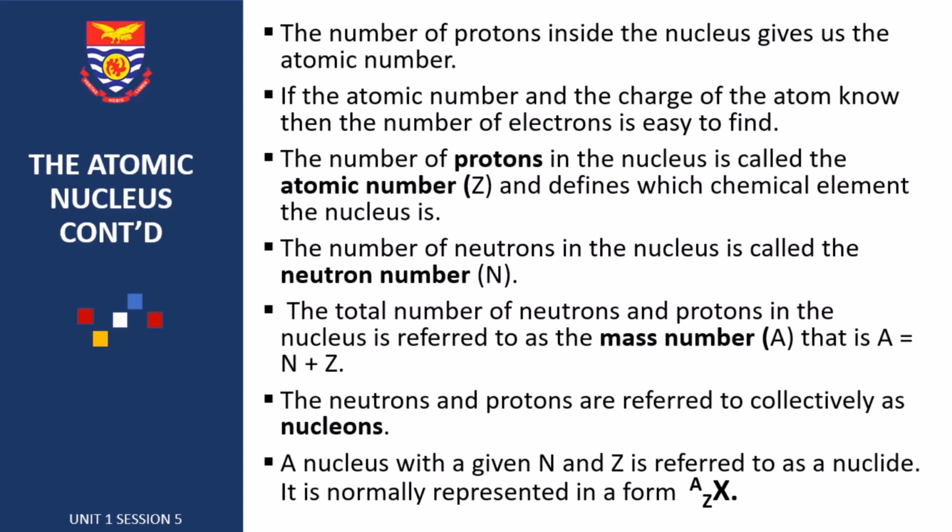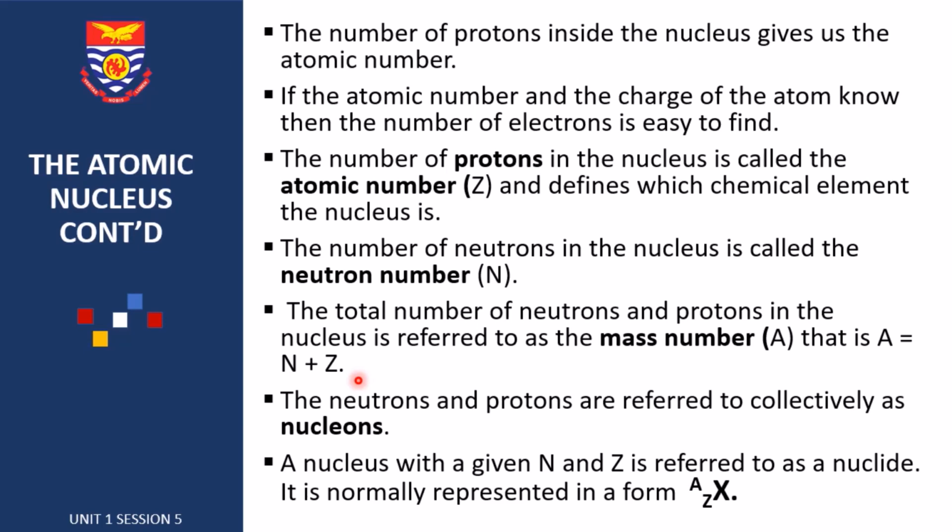The number of neutrons in the nucleus is referred to as the neutron number, and it is represented by the letter N. The sum of the neutron number and the proton number gives us the mass number of the atom. So you have the mass number, represented as A, being equal to N, the neutron number, plus Z, the atomic number.